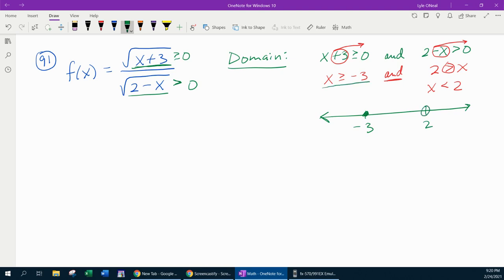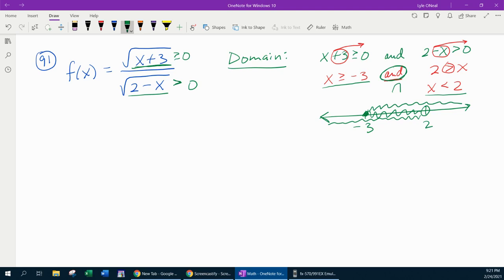The x is greater than or equal to -3 is going to shade to the right. X is less than 2 is going to shade to the left. Now, both of these conditions have to be met. That's why I use the word and, which means I'm looking for the intersection, which is where the shadings overlap. And they overlap in the middle.